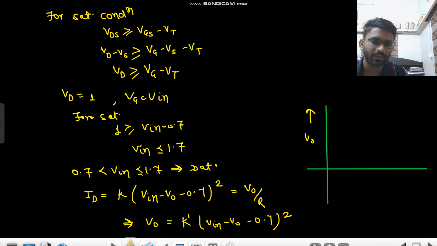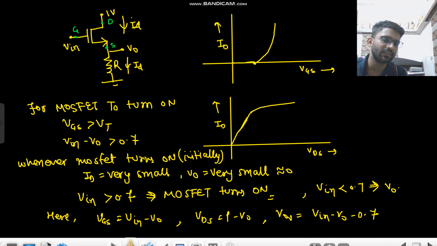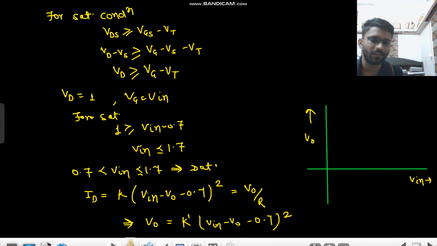If you need to draw this, this is V out, this is V in. Till 0.7 the MOSFET doesn't turn on; it turns on for V in greater than 0.7. That means for V in less than 0.7, ID is 0, so V naught is 0 volts. It remains at 0 until V in reaches 0.7.